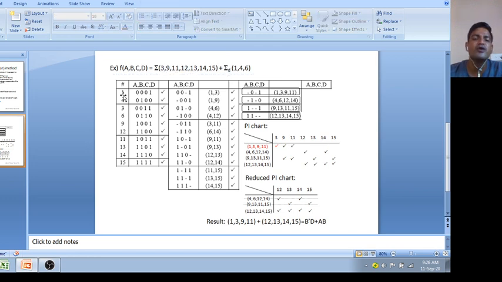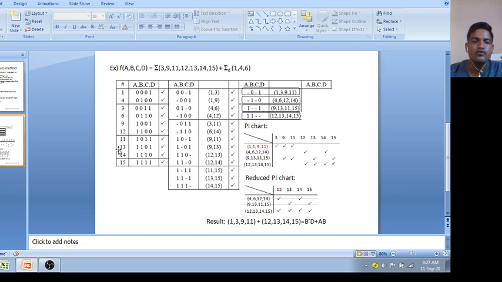Now group G1: in G1, in all the minterms only one 1 is present. For example, 1 and 4, as given in the question. Then make group 2 where 2 ones are present: 3, 6, 9 and 12.